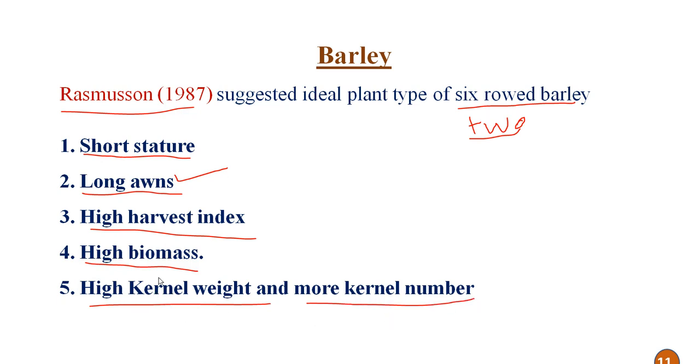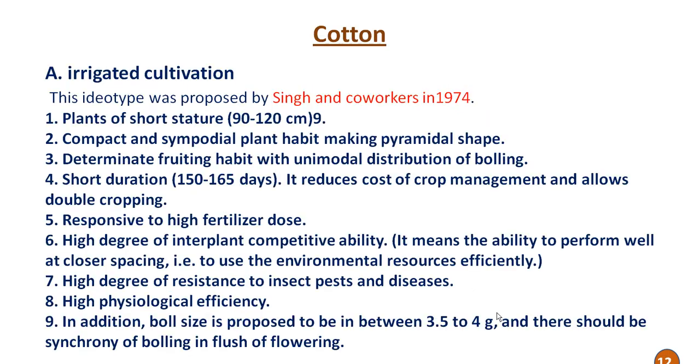These are the characters which directly correlate with yield. So in barley we prefer high kernel weight as well as high kernel number. These are some of the characters suggested by Rasmussen in 1987 for the barley ideal plant type.